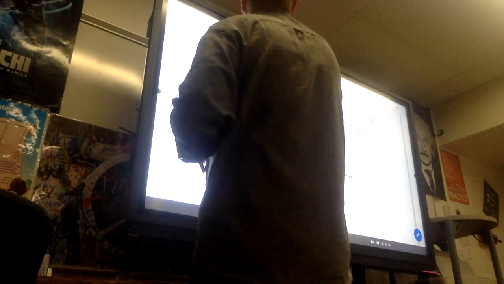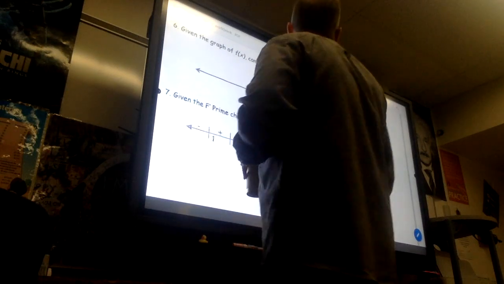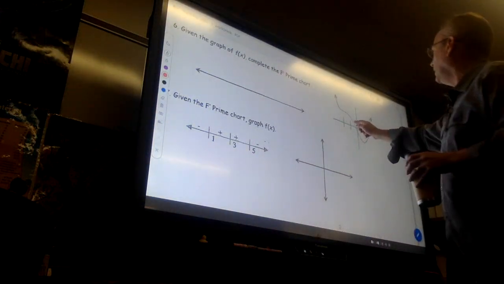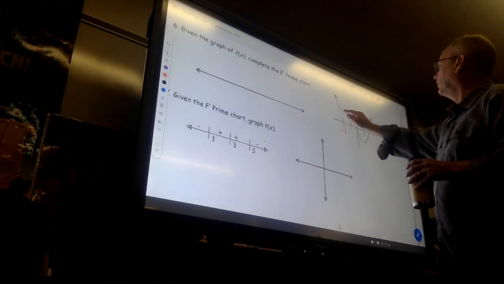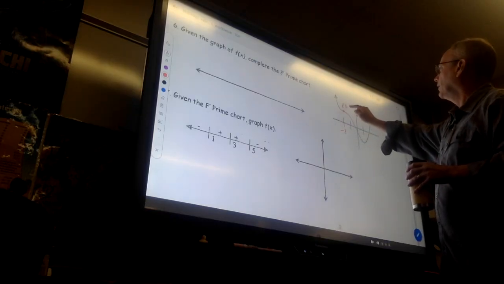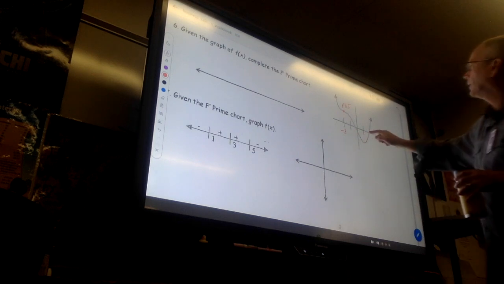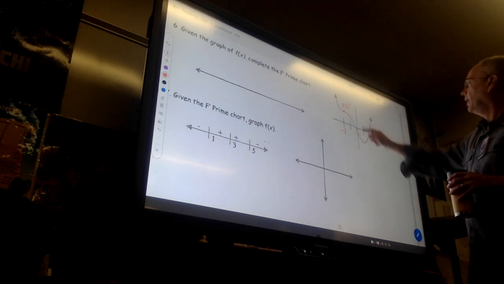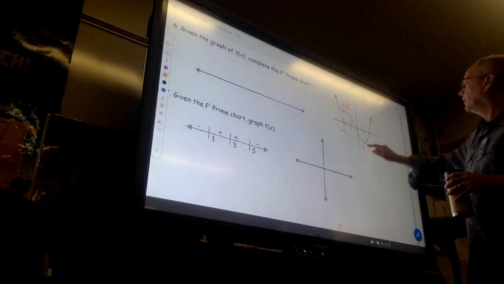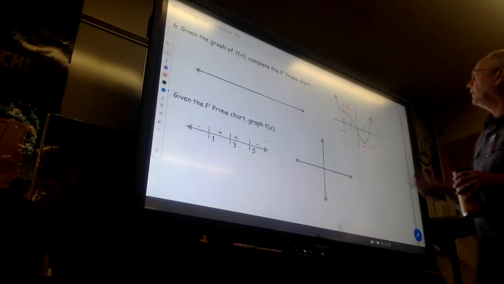So let's take a look at this F prime chart. So they gave us this. So basically, it looks like that's -2. That's going to be a point of inflection. And then we have a minimum here at 1.